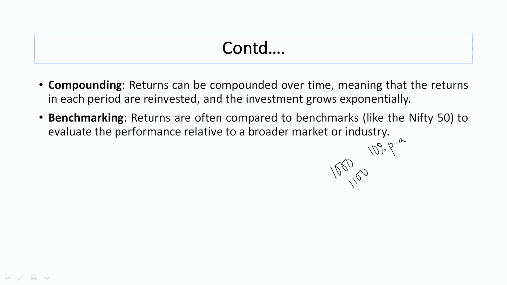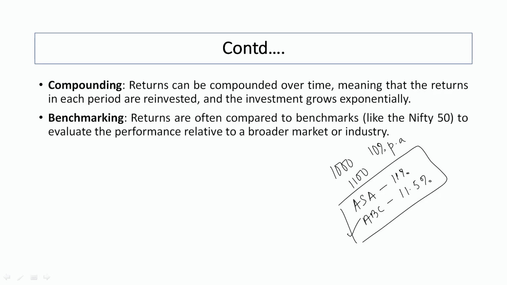Benchmarking: returns are often compared against a benchmark. As I previously told, if a particular instrument like XYZ company has a historical return of, suppose, 11% and ABC company is providing 11.5%, on the basis of this comparison I can say that ABC company is providing better returns.